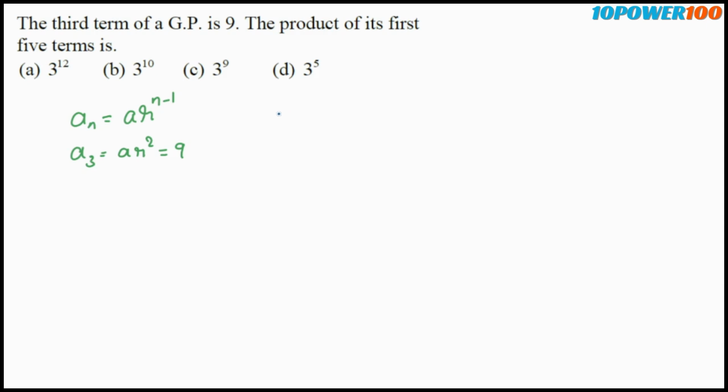So let the first term be a, and the second term will become a r, and the third term will become a r square, into a r power 3, into a r power 4.